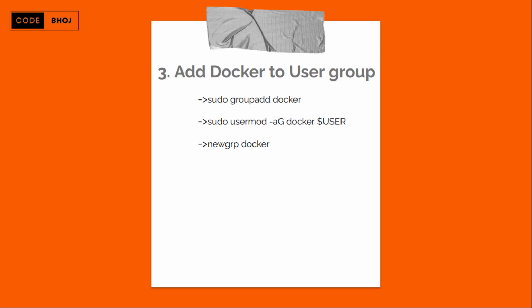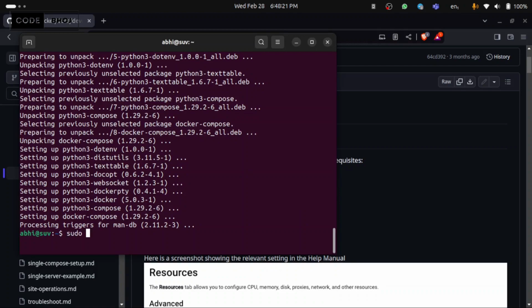We have to add Docker in our user group. For this we will run sudo groupadd docker. This will add Docker to your user group, and then you have to run this command: sudo usermod -aG docker $USER.